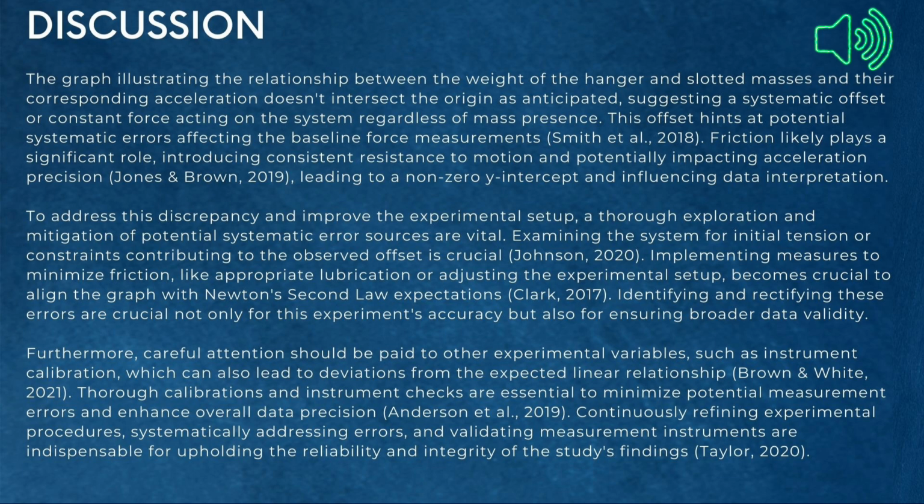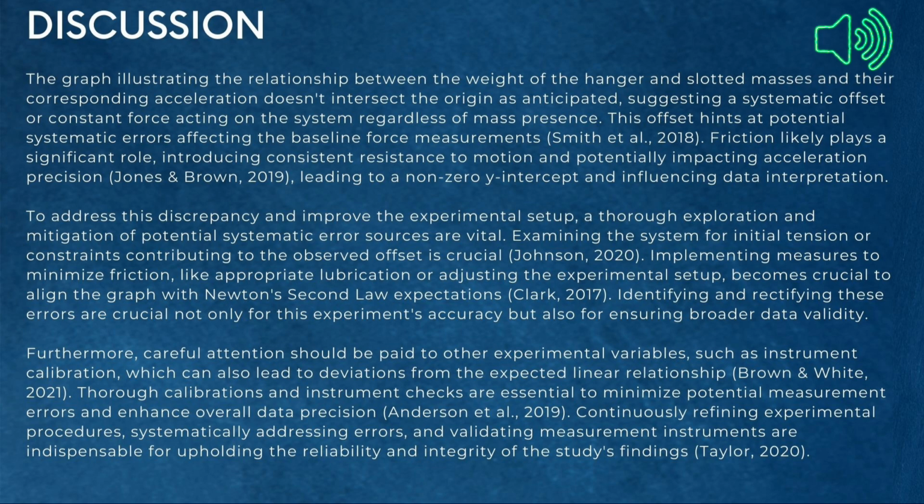This offset hints at potential systematic errors affecting the baseline force measurement. Friction likely plays a significant role in introducing consistent resistance to motion and potentially impacting acceleration precision, leading to a non-zero y-intercept and influencing data interpretation.